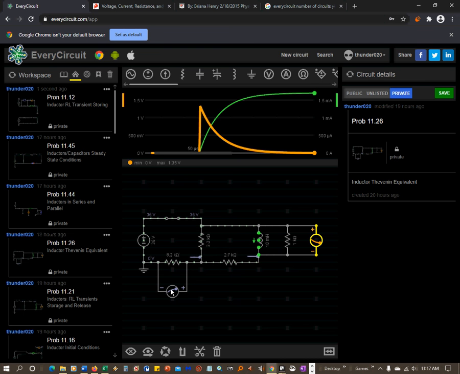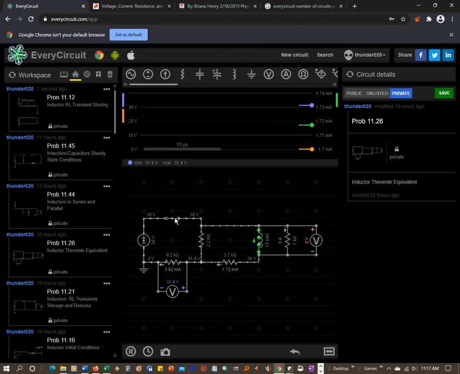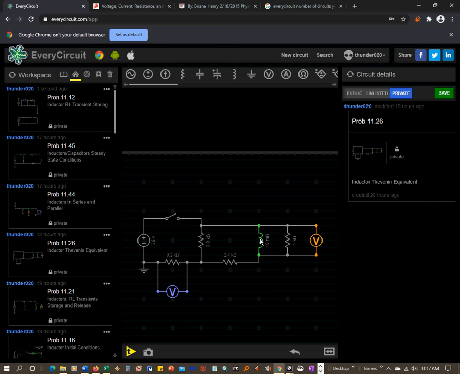And if I wanted to look at this variable too, I could turn it on and rewind the circuit, play it, open it up, pause it, rewind it again, and I could turn these two off because they end up interfering with what it looks like.